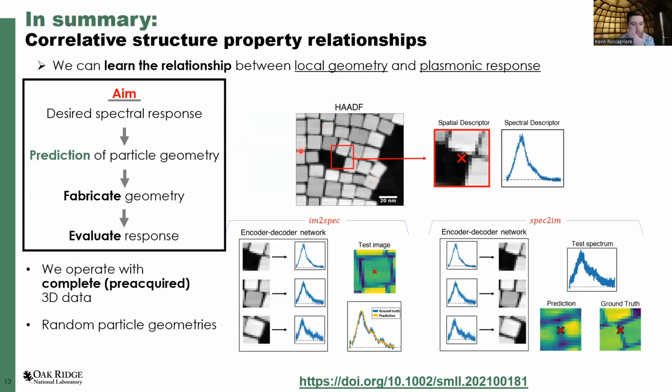To summarize, we can learn the correlative relationship between the local geometry and, in this case, plasmonic response. This can really be generalized. It doesn't just need to be STEM EELS, but it could be cathodoluminescence in an SEM, or even X-ray signal in an SEM or a TEM, or anything really, as long as we have access to a structural image channel and some sort of spectral descriptor.